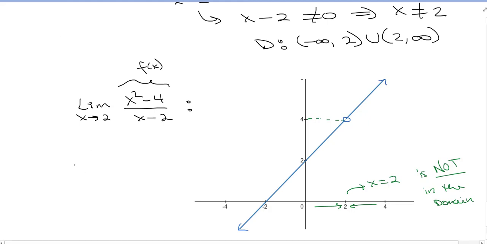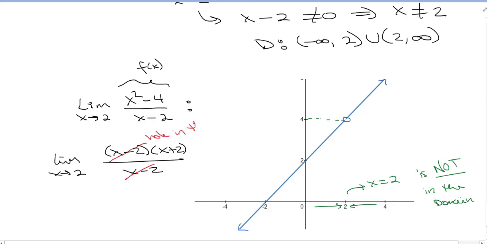And algebraically, you can tell when there's a hole in the graph when you have a term that cancels. Like in this case, when we simplified this, as soon as I see that I'm going to cancel those, this translates to a hole in the graph of the function.